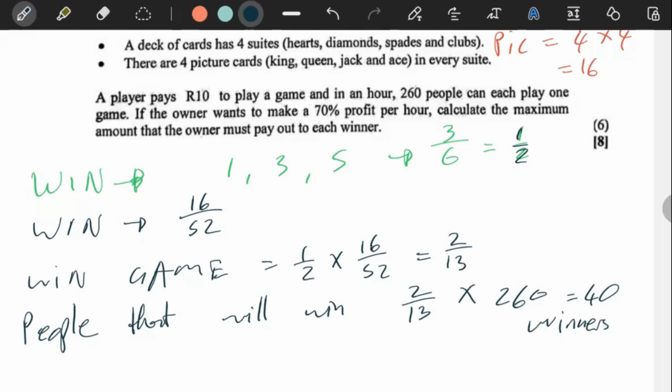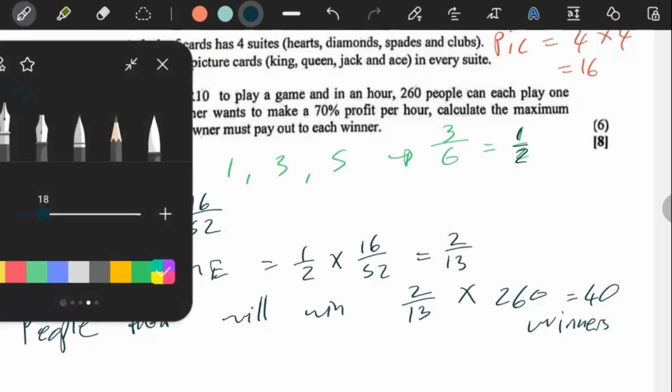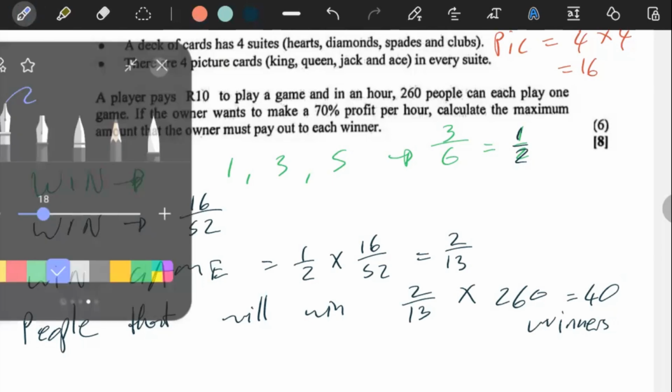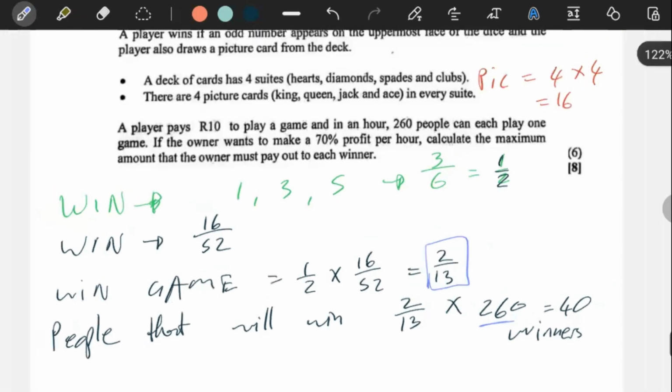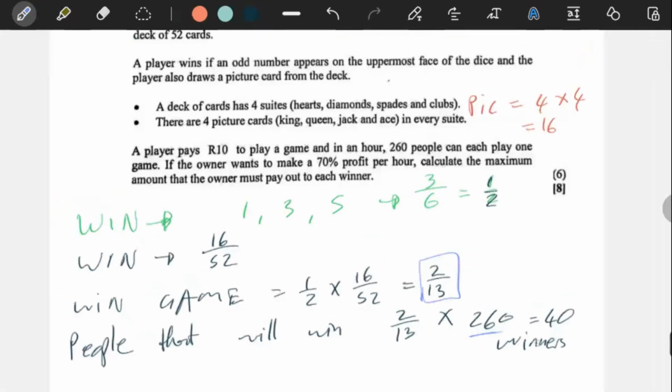Having broken that down, we firstly calculated the odds of winning, and now we calculated how many people are likely to win. So the odds of winning, we can use that to get the number of people that can possibly win. So there's a total of about 40 people that can win based on the odds of winning, right?